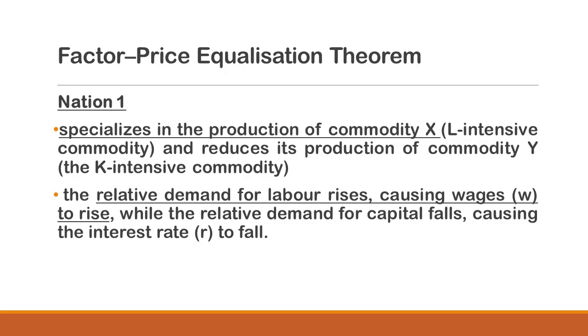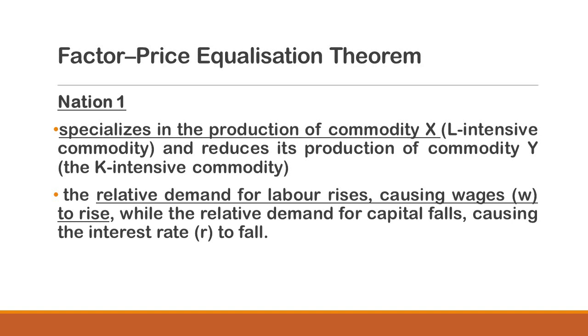Now let us examine how factor prices are equalized across nations. First of all, let us take the case of nation 1. We know that nation 1 is a labor abundant nation, and when it engages in international trade, demand for its export good increases.